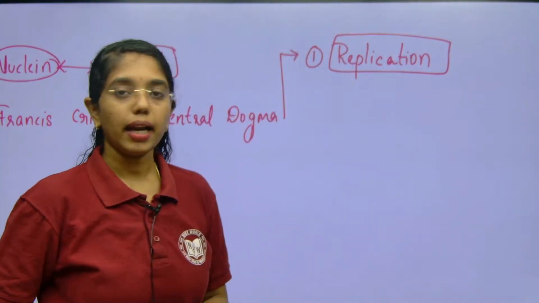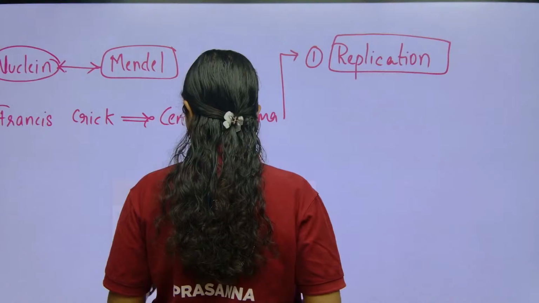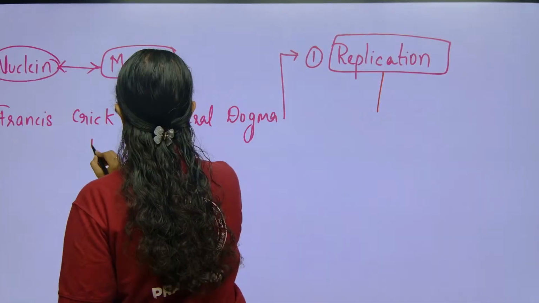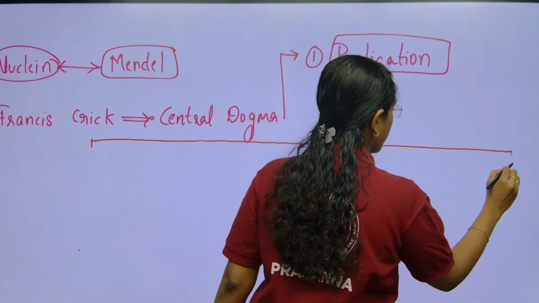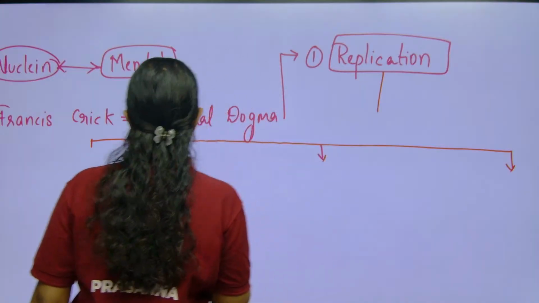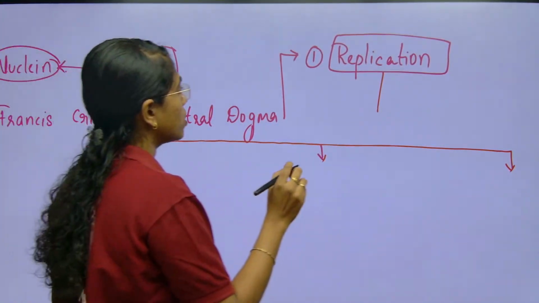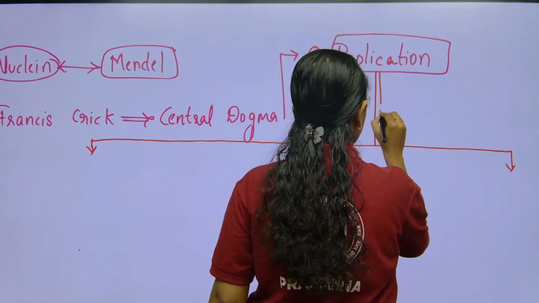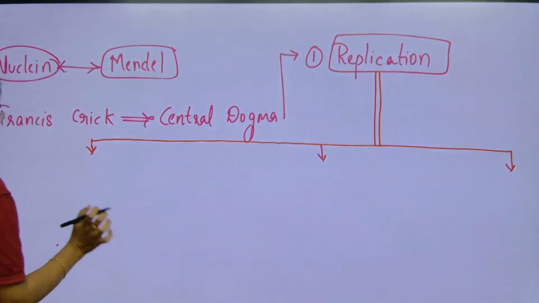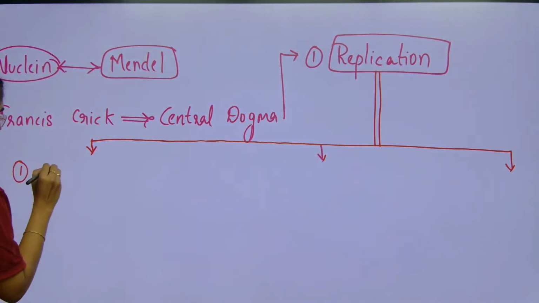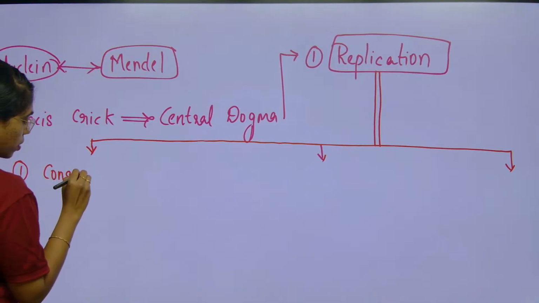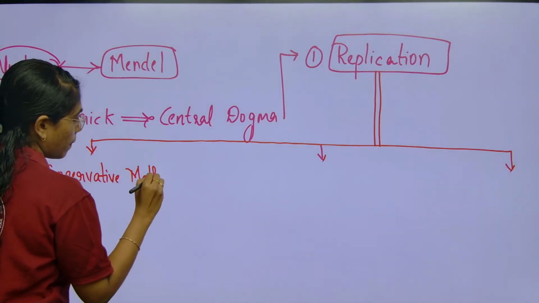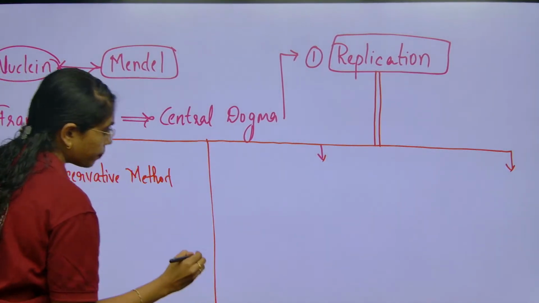The very first step is replication. 3 modes of DNA replication have been identified. First is the conservative method of DNA replication.